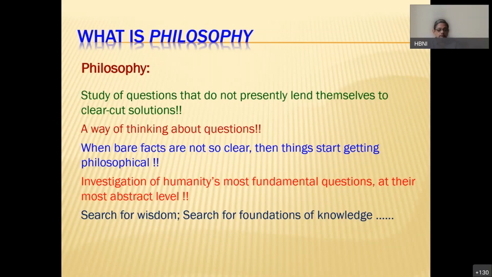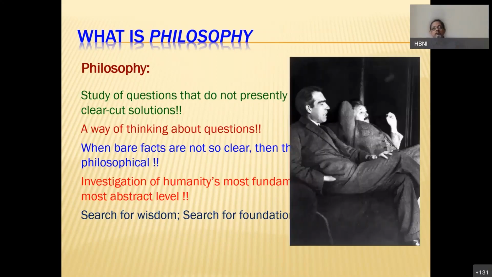Okay, so one famous example, I can show you. Everyone, of course, I'm sure most of you know the figures in the photograph. One of the most famous scientists, Albert Einstein, but probably some of you may not know that this person is Niels Bohr.